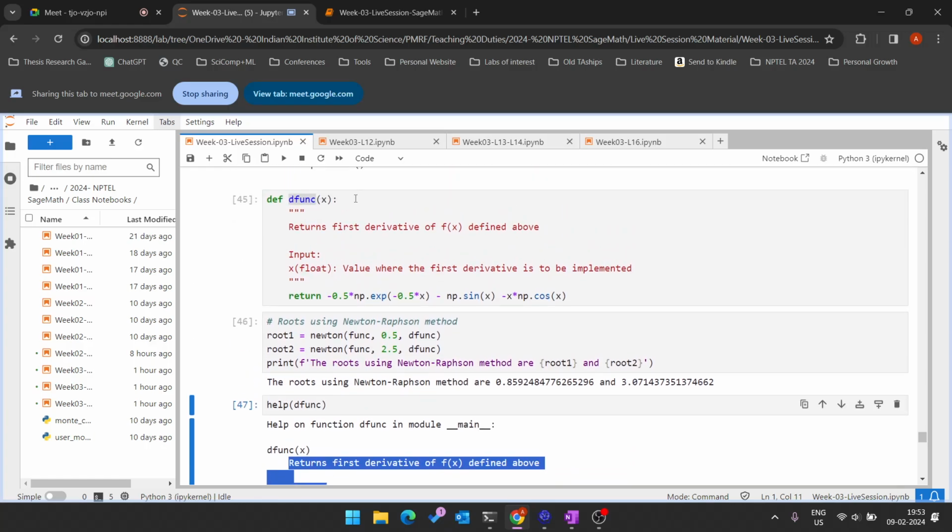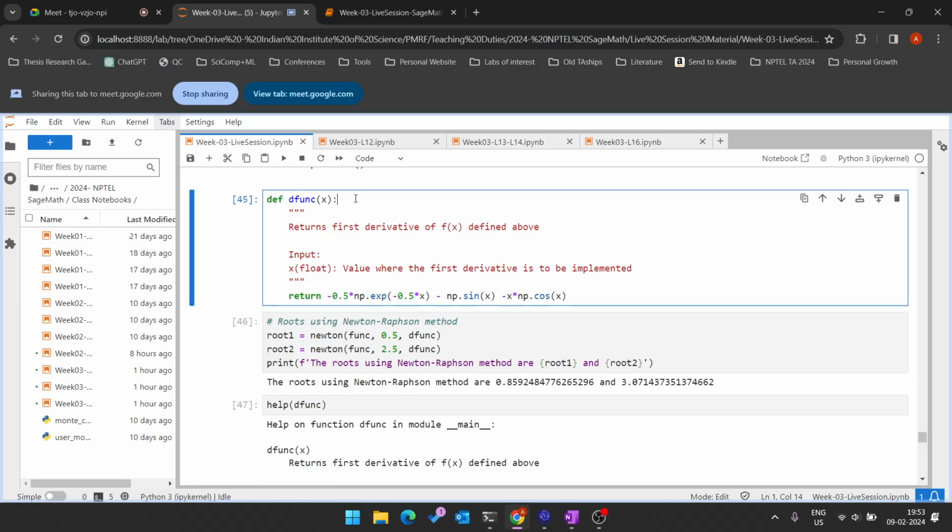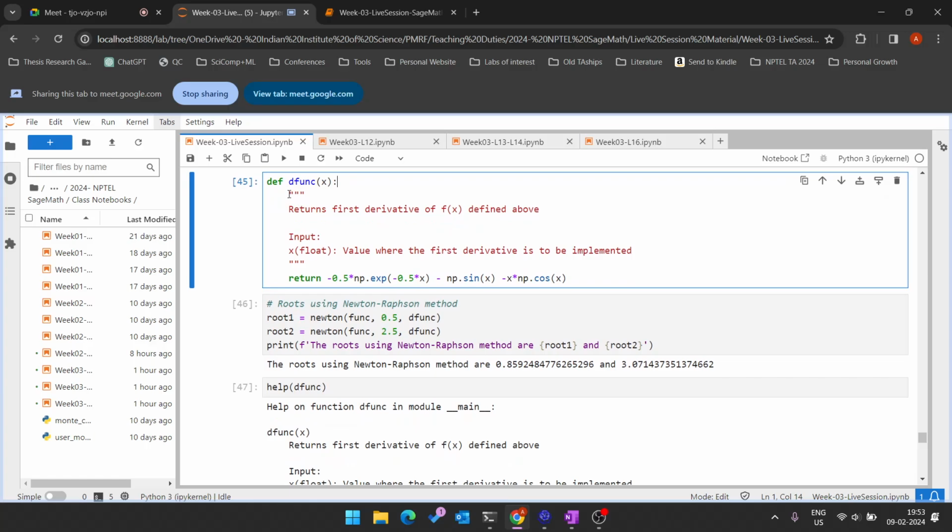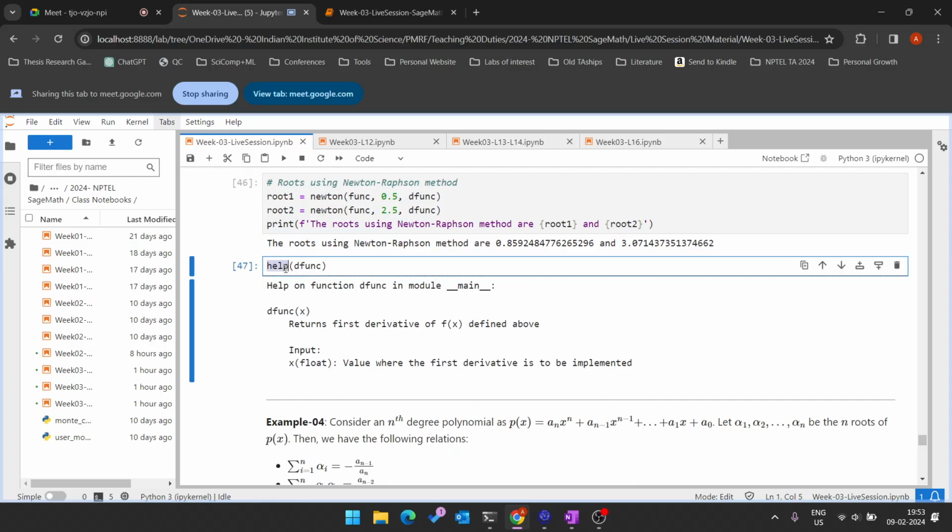So as a good practice, say in research or even in jobs later on, it's a good idea to write your own function descriptions in brief, where you tell about what is your input, what is your output, a brief description of what the function does, and an example of how do you run this function or use this function. Okay, this help command is inbuilt, so you don't need to import it from somewhere. Hope this helps with the question.